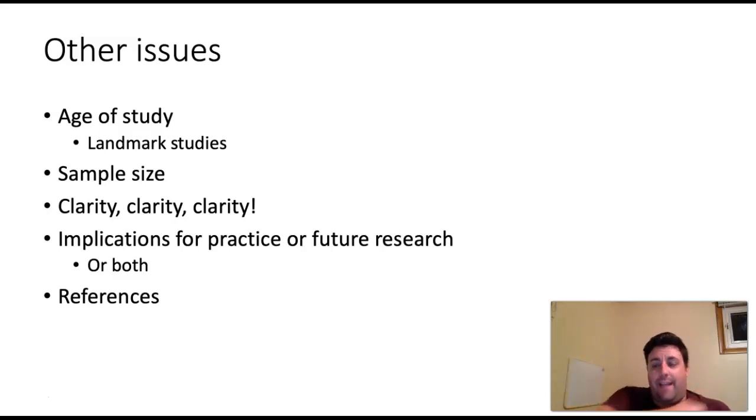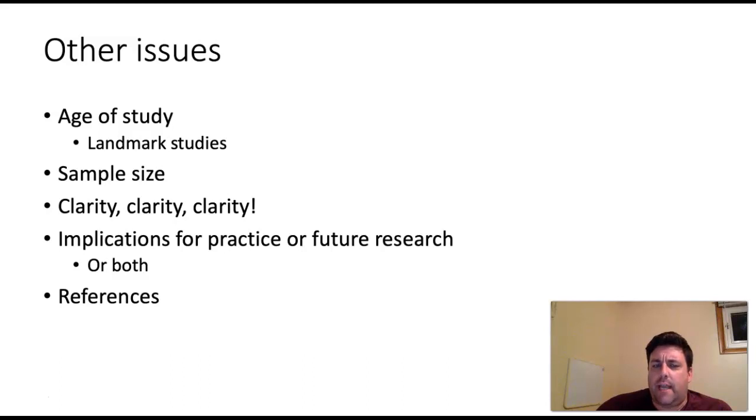And again, I can't really give you a heuristic here, like a rule or a guideline to follow. But there should be some justification of the sample size in a qualitative study. And again, regardless, I can't emphasize this enough. The article should be well written. It should be clear. You should be able to detect the author's point and follow what it is they're saying.